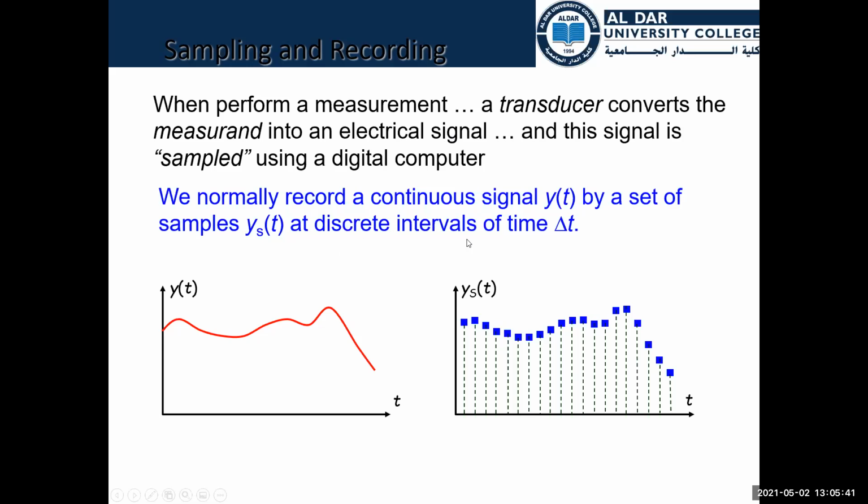Normally, we record the continuous signal, which we call y of t, and the discrete signal, which we call ys of t. Here t is the time, and this is the value of the function, the voltage or the amplitude of the signal.